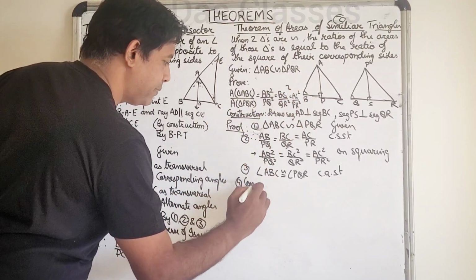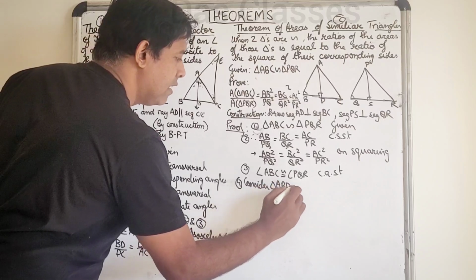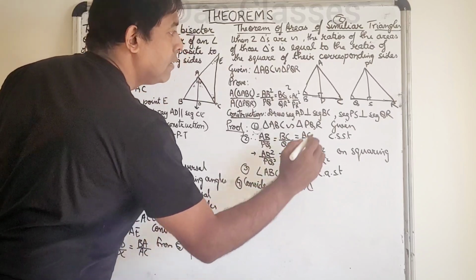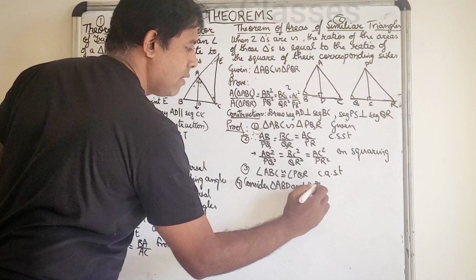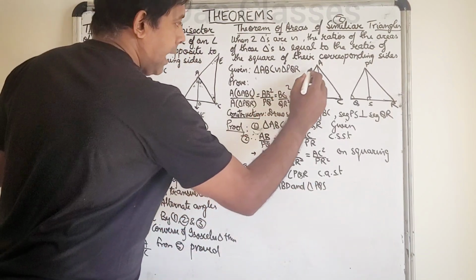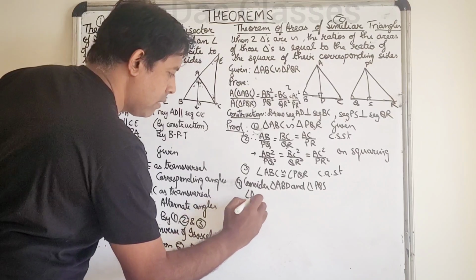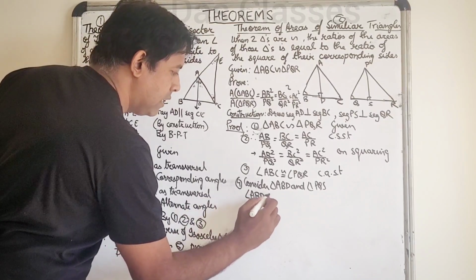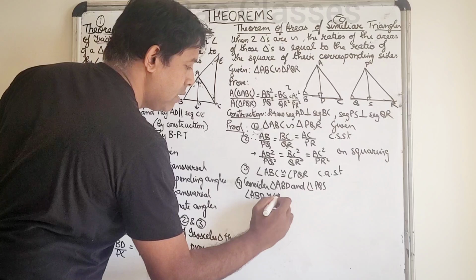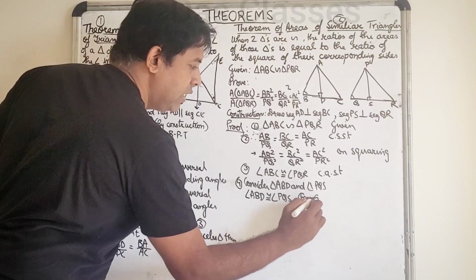Consider triangle ABD and triangle PQS. In that case, what do we get? Angle ABD is congruent to angle PQS from statement number 3.